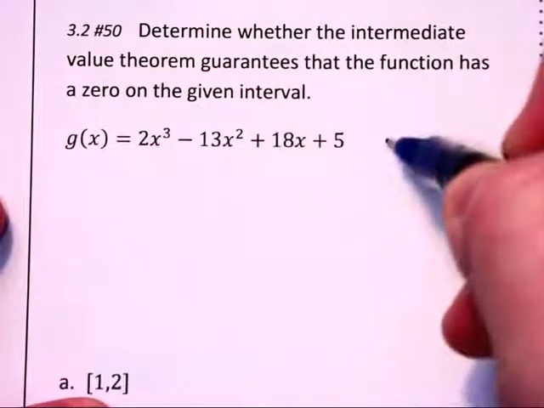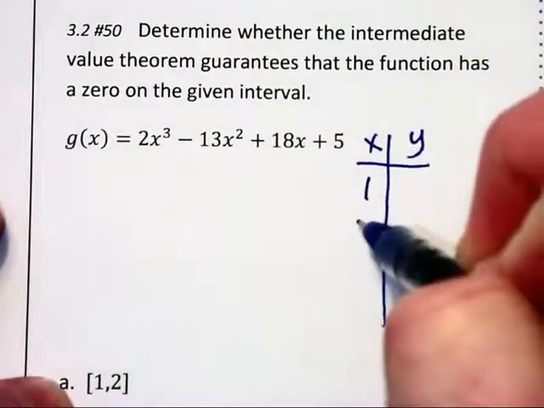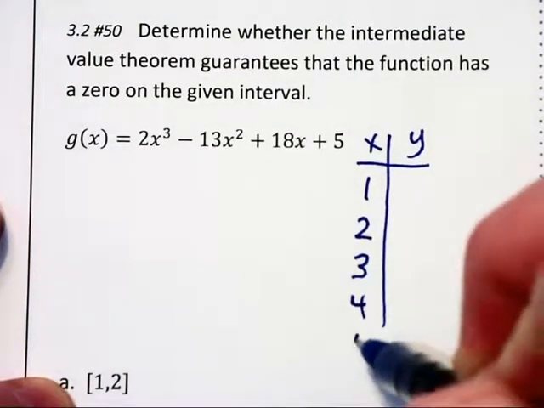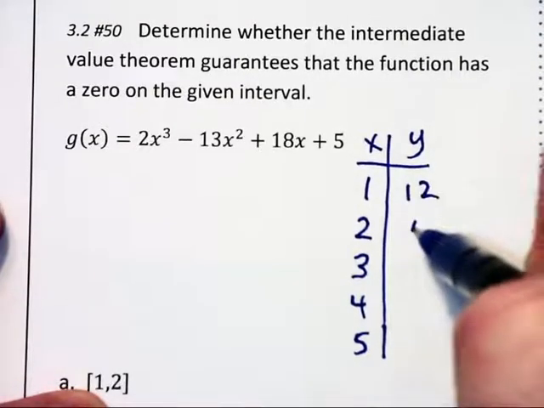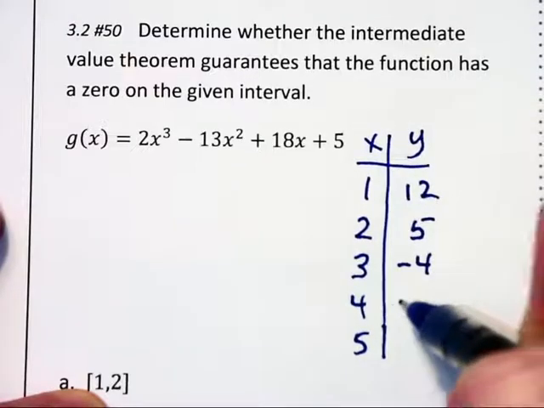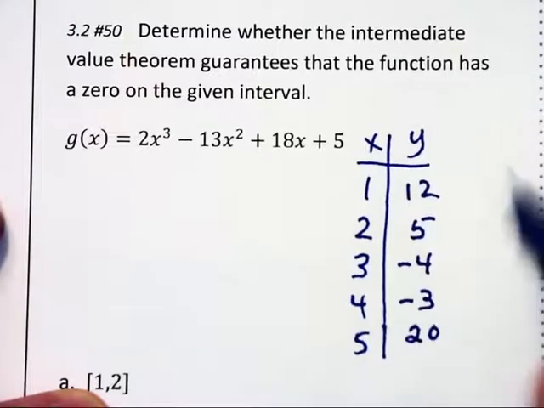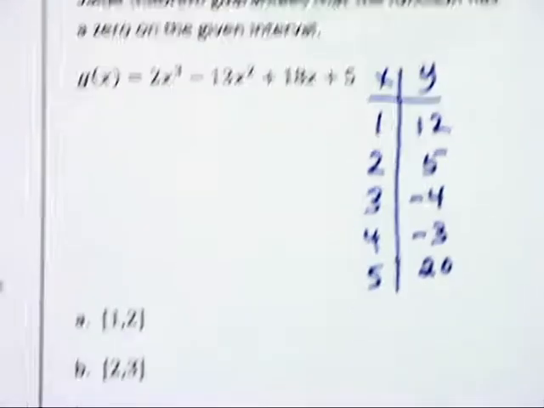So here's my XY chart, and I really want to know what happens at x values 1, 2, 3, 4, and 5. The y values will be 12, 5, -4, -3, and 20. And if you want, you can find all those values by substituting each in individually.